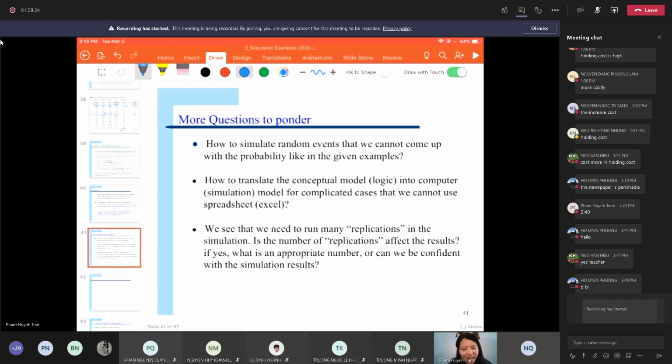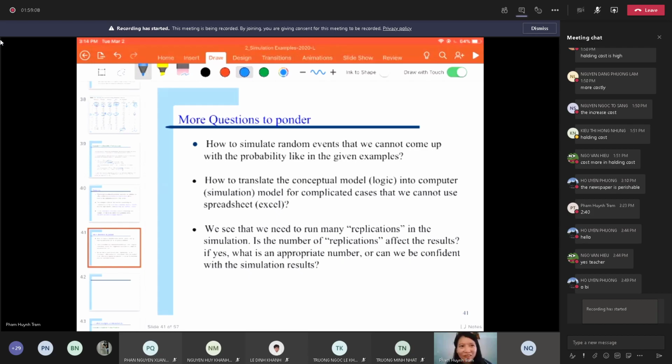And then the simulation examples that we tried are simple enough for us to do by hand or using Excel. But if we have a much more complicated situation or system, how should we translate the conceptual model into the computer one? What is the principle for translating the conceptual one? What is the methodology in simulation in general for a more complicated case?